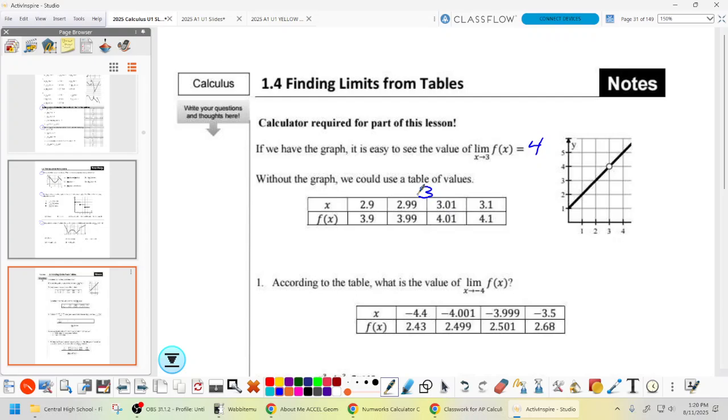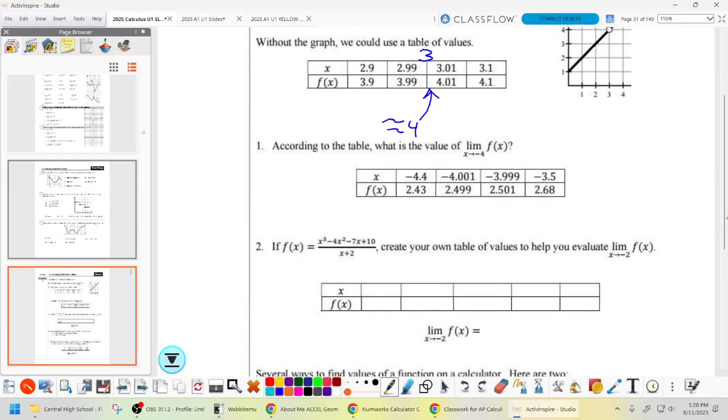I mean, with tables, we have missing data, don't we? Yes. On the graph, we know everything right up until the point, but in a table, it's discrete data now. It's piece by piece, so we're going to have to do our best and estimate. So we know it's going to fall in here roughly 4, okay? So how about this one?